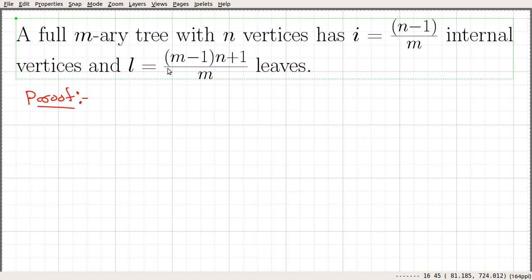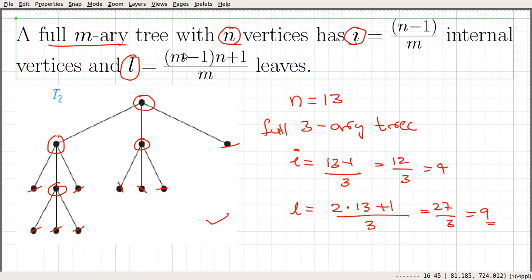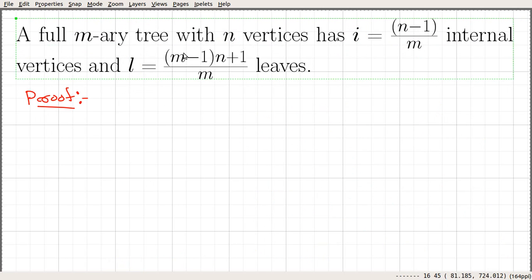The proof is just algebra. From the earlier statement we have n equal to mi plus 1, where n is the number of vertices and i is the number of internal vertices. We use that for solving for i. Solving, we get i equal to (n minus 1) divided by m.